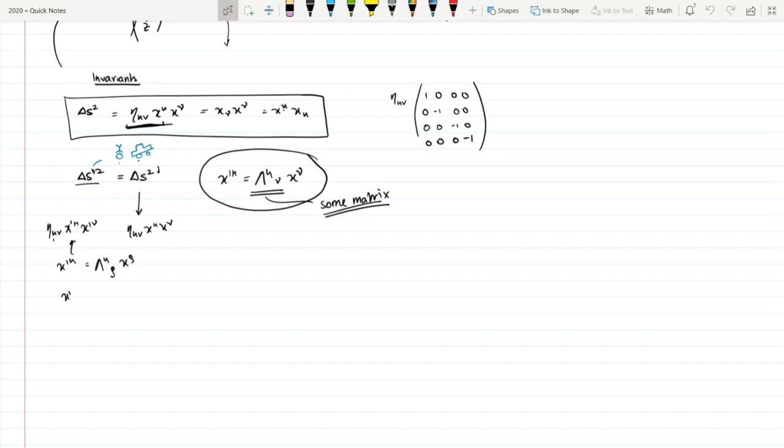Just note that if you're confused by where this rho and sigma came from, they're just dummy variables. I can call them whatever I like. Given that I'm summing over them, remember the only important index is the top one. If I have a repeated index like this, I can call it anything I like, alpha, beta, whatever. So I'm calling it rho and summing over it.